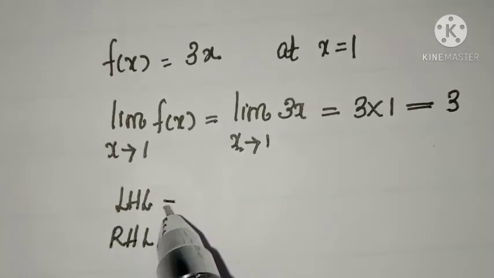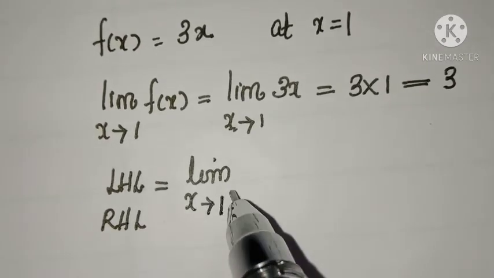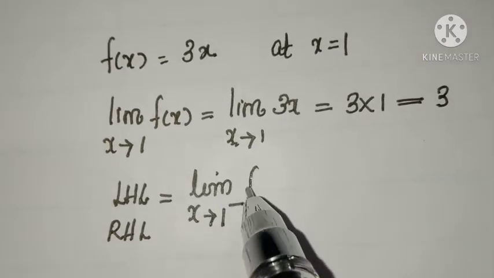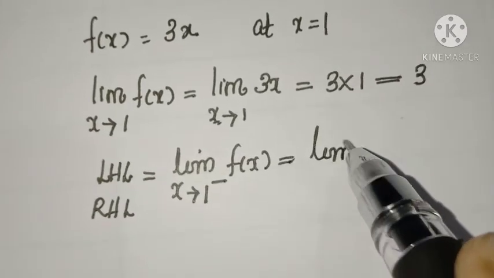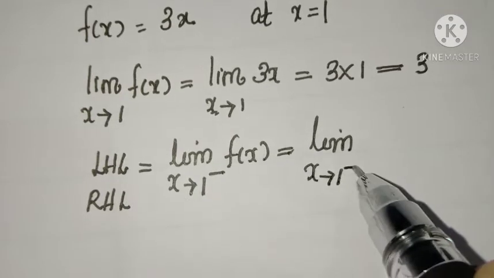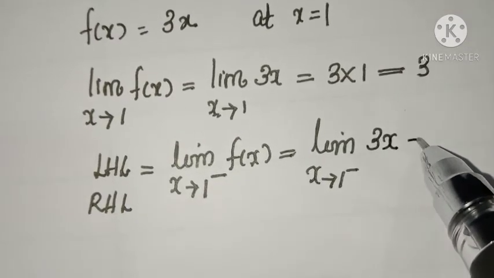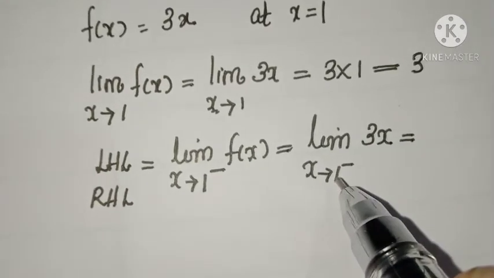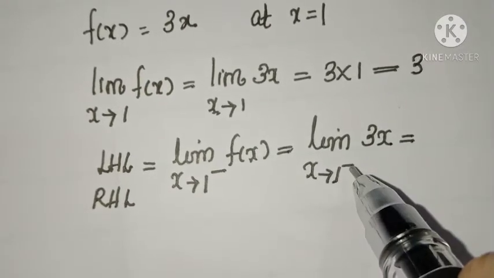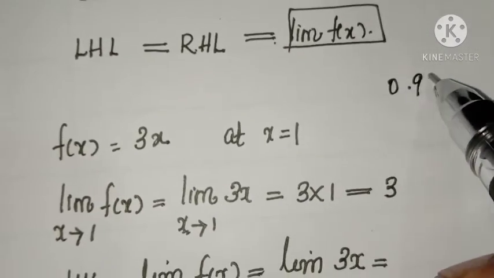So left hand limit means limit x tends to 1 minus f of x. What is f of x? f of x is 3x. So consider a number very near to 1 and to the left of 1, for example 0.99.